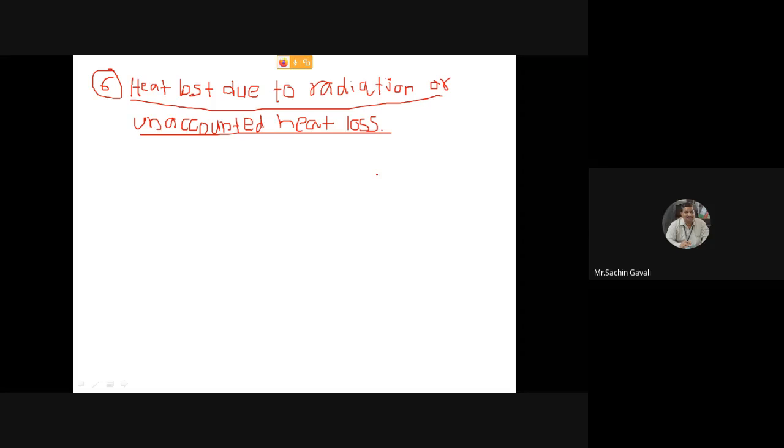They radiate heat in the form of losses, and this loss is called heat loss due to radiation. But there is no formula to calculate this loss. Only by a mathematical way, by taking the heat balance into consideration, one can calculate the heat loss due to radiation or unaccounted loss.